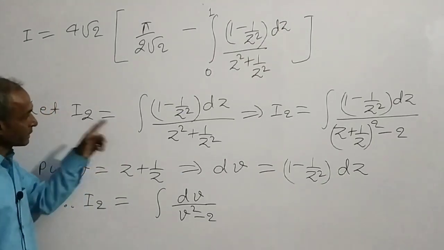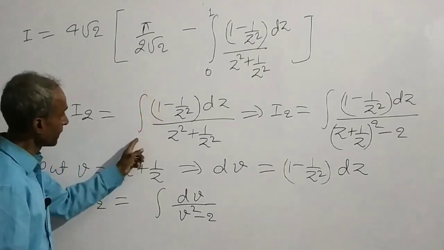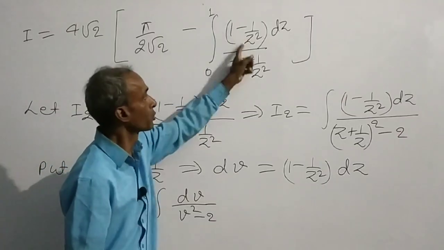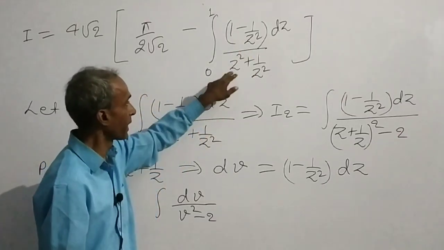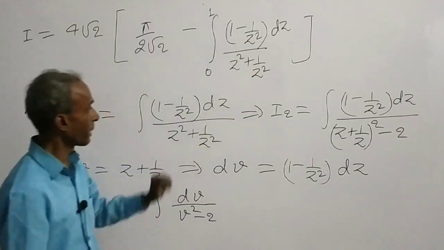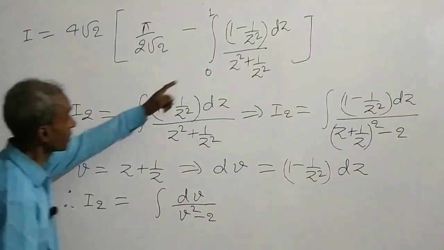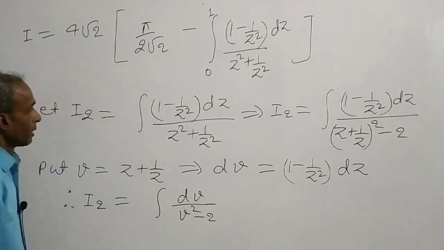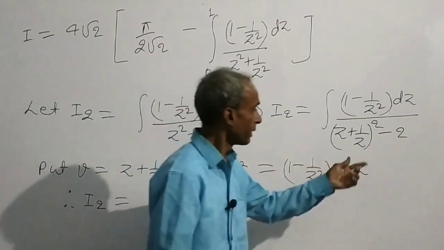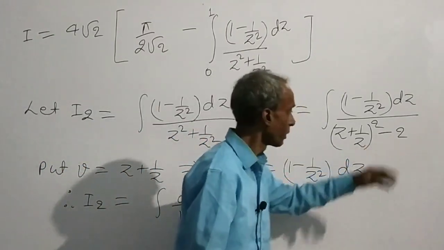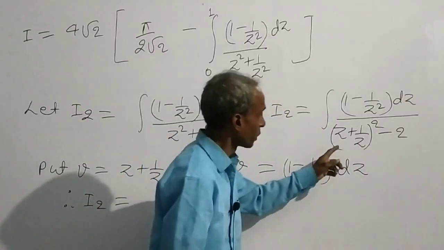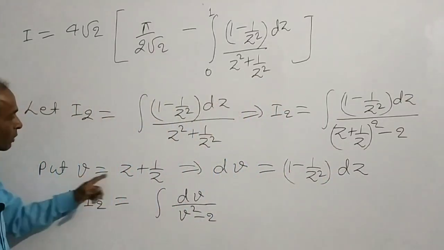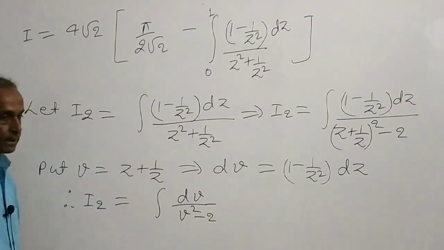Let I2 is equal to indefinite integral 1 minus 1 by z square dz by z square plus 1 by z square. Not definite but indefinite. Now denominator can be written in this form. Now we put v is equal to z plus 1 by z.